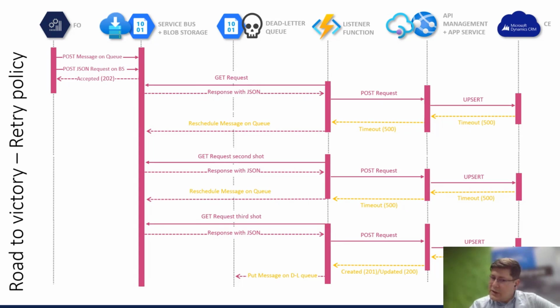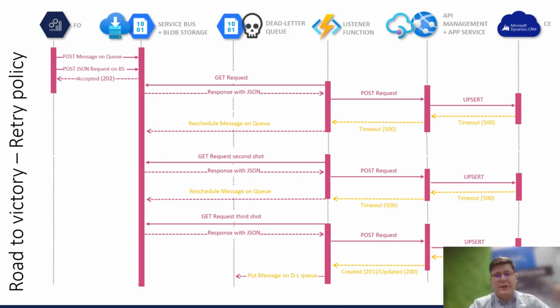But what if not? How can we handle situation if even after 3 shots we still have an error? Microsoft prepared a special place for such a request. It's called dead letter queue. It's a special component on our service bus.